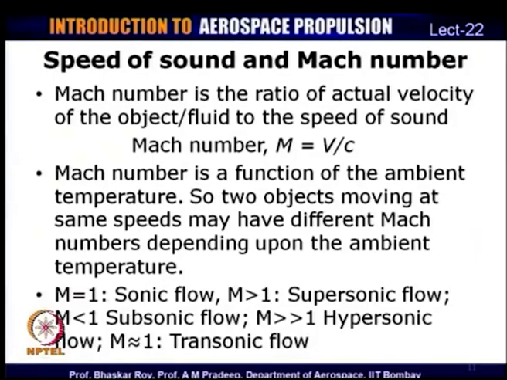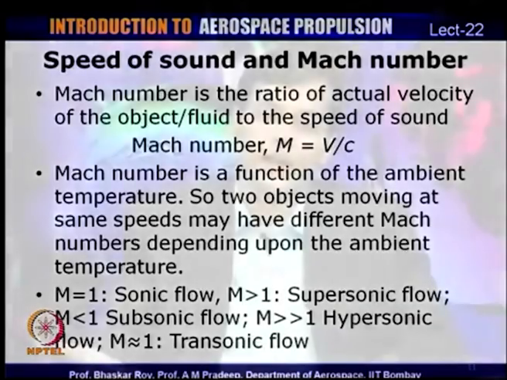In some cases the fluid may be moving and the object is stationary, which is what we would do in wind tunnel testing. For example, the fluid is at a certain speed and the object is stationary, whereas on the other hand an actual aircraft moves at a certain speed in a medium where the air is relatively at zero velocity. So, the ratio of that speed to the speed of sound is known as the Mach number.